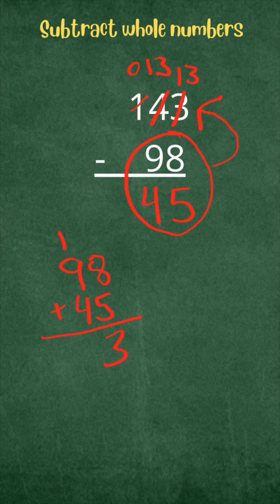Carry the 1. 1 plus 9 is 10. 10 plus 4 is 14. So when we add them two together, it equals 143. And that does equal the 143 up top. So it checks out. That way, you'll 100% know that your answer is true, so always check your answer.